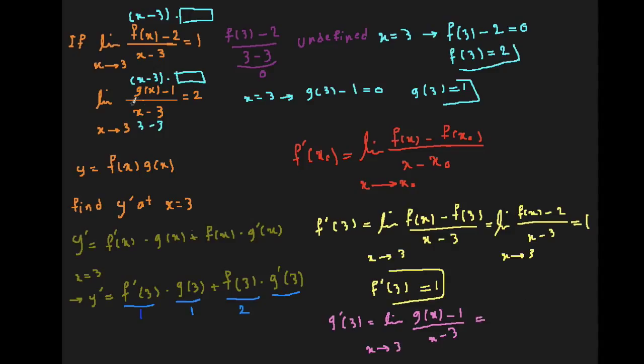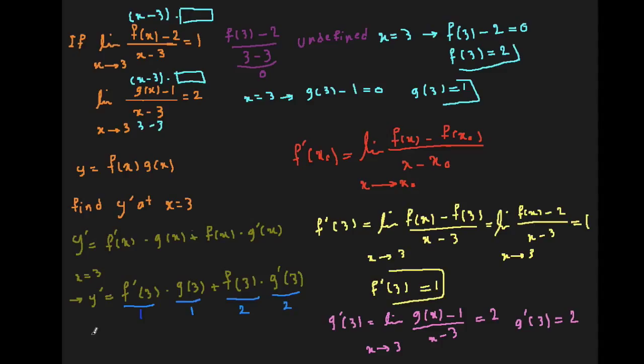And this is also the same as this limit. So we already know the answer for this limit. This is 2. So g prime of 3 is 2. Okay, we found the last value that we were looking for. This one is also 2.